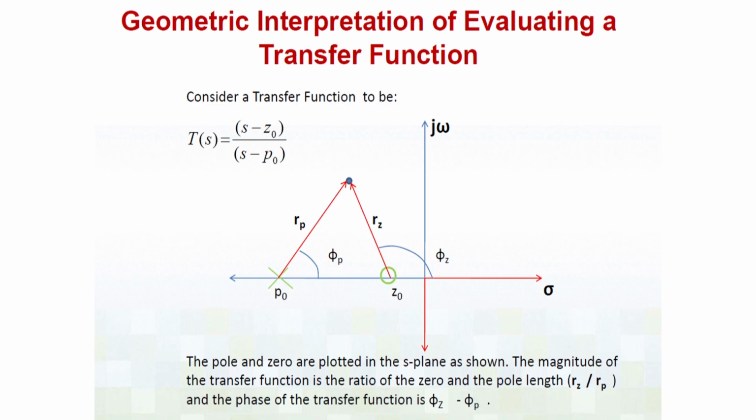That means the numerator is going to have one root only, and the denominator is going to have one root only, and these two roots are p0 and z0. The root of the denominator is what I am going to call the pole of a system, and the root of the numerator I am going to call the zero of a system. So, I have one pole that I have placed here and one zero that I have placed here.